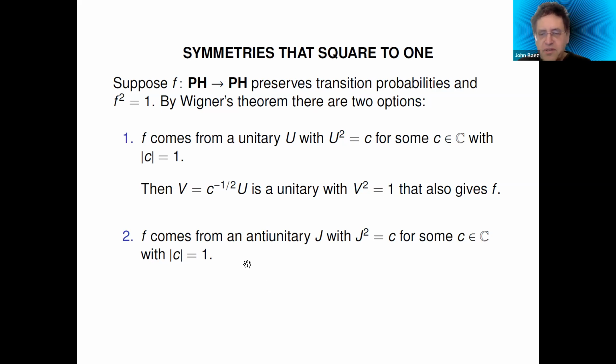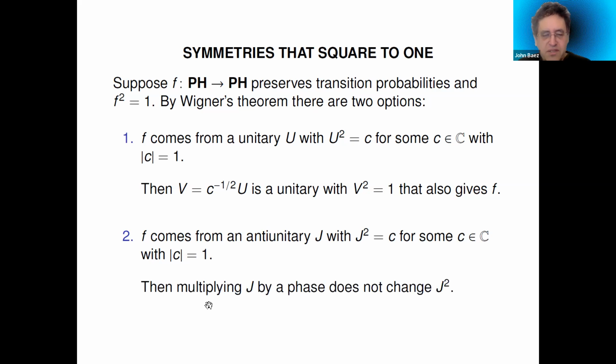But in the anti-unitary case, it's much more interesting. Because for starters, you can still multiply the anti-unitary by a phase and get a new anti-unitary that has the same effect on physical states.